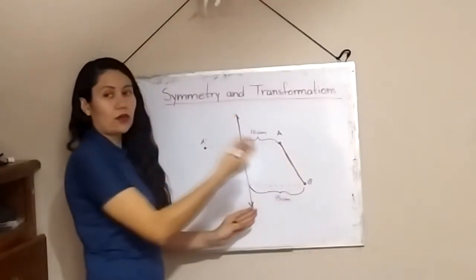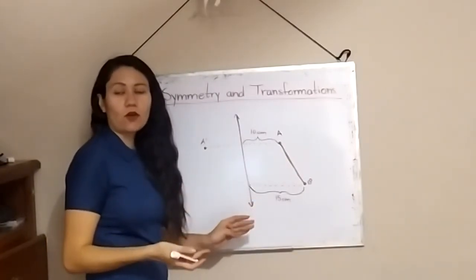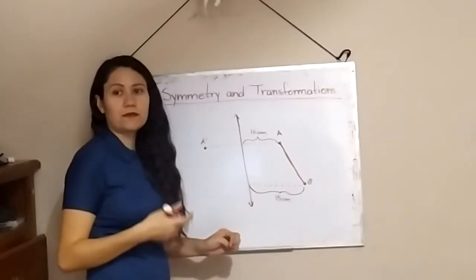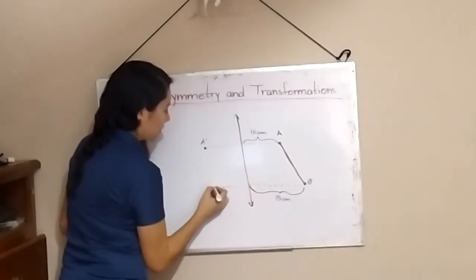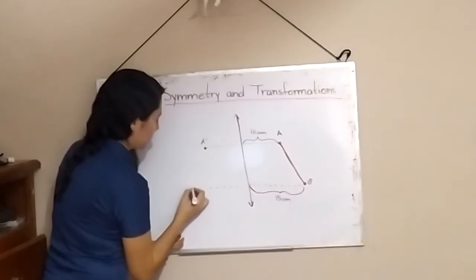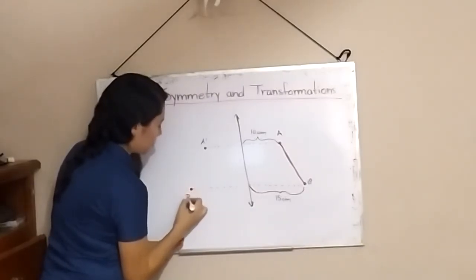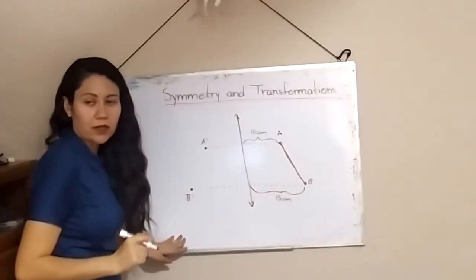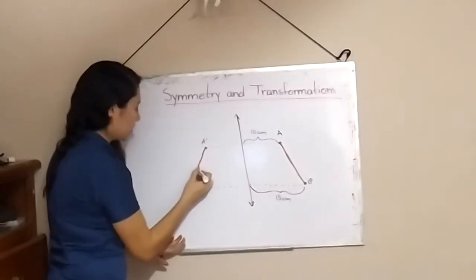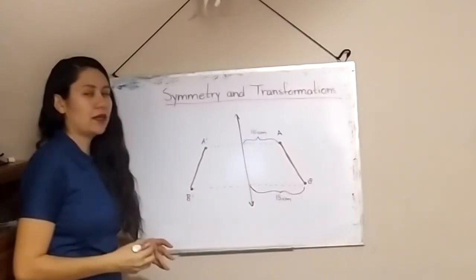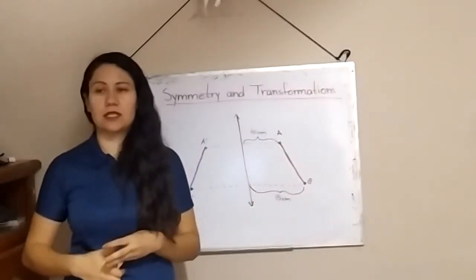So to the other side, point B also needs to be 15 centimeters away from the line. And it's going to be B with an apostrophe. Now we join the points and we have our symmetric segment.